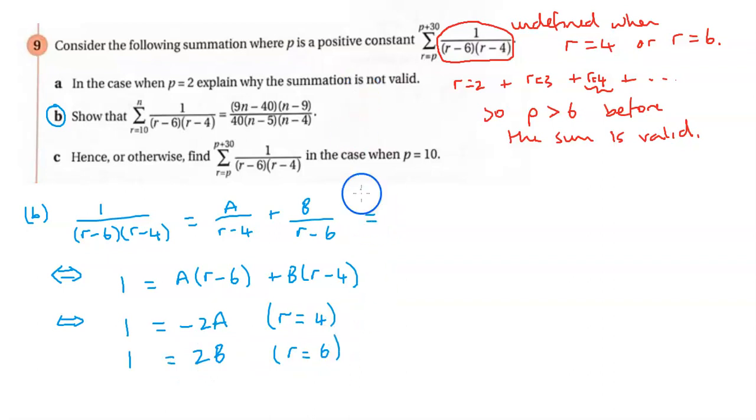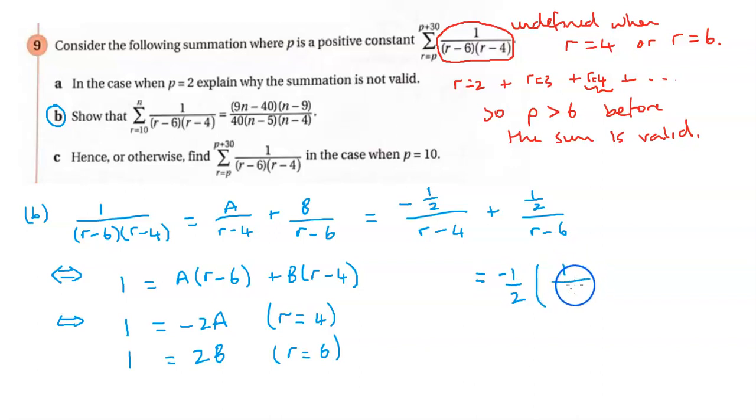So this thing is equal to negative a half divided by (r minus 4) plus a half divided by (r minus 6). Let's factor out negative a half times 1 divided by (r minus 4) minus 1 divided by (r minus 6).